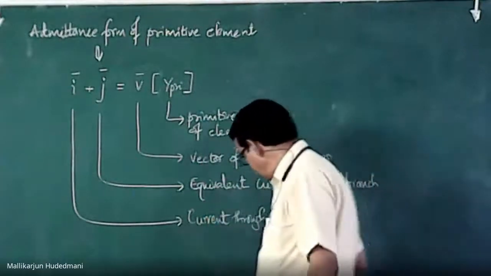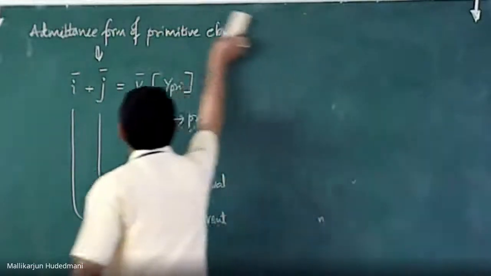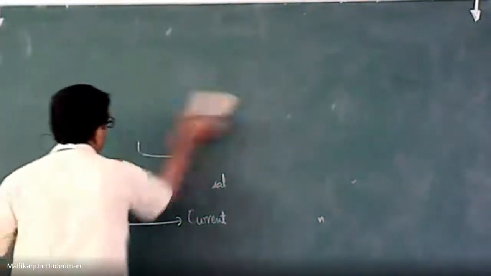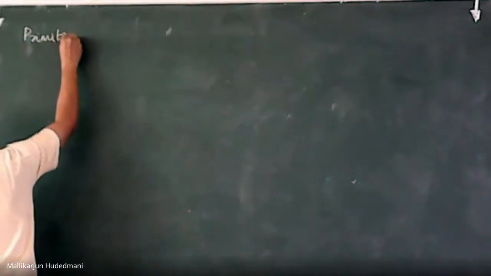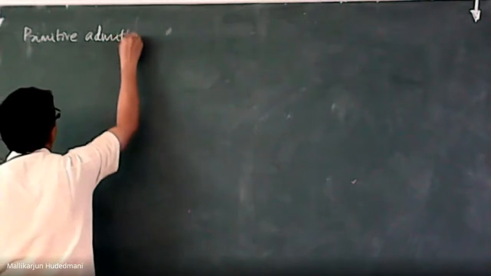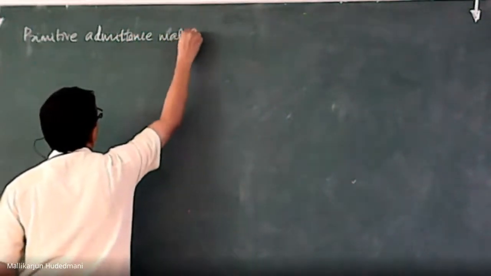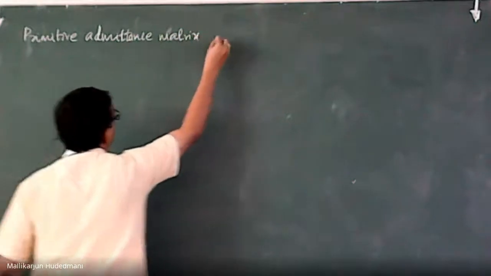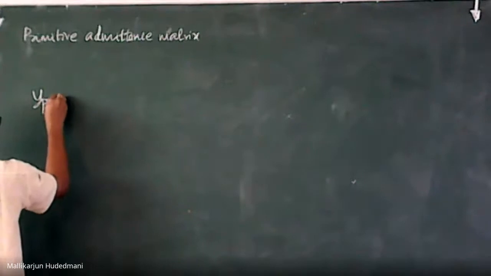Okay, so I'll just take this. The primitive admittance matrix, I'm writing it as Y primitive, YPRI.